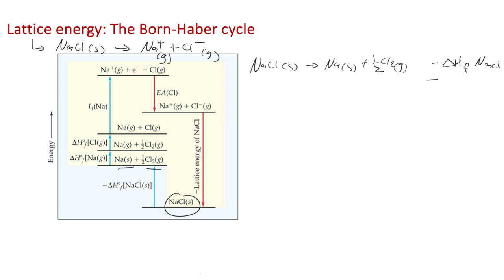Now, notice that this step here, going from sodium chloride to its elements, requires the absorption of energy. I think that should make sense. If you think of it in the opposite way, if we took sodium and chlorine and wanted to form sodium chloride, it makes sense that that would be downhill in enthalpy, that's going to be negative, release enthalpy, because our product's more stable.